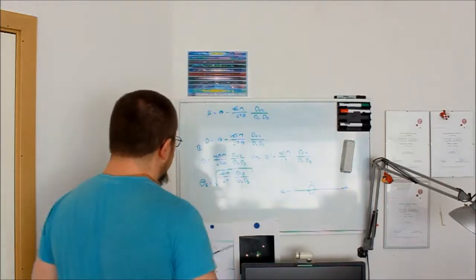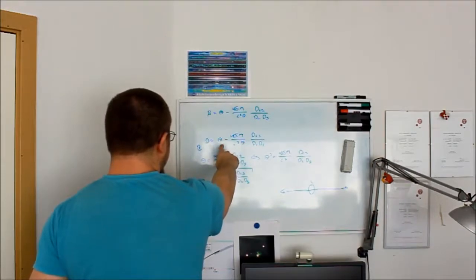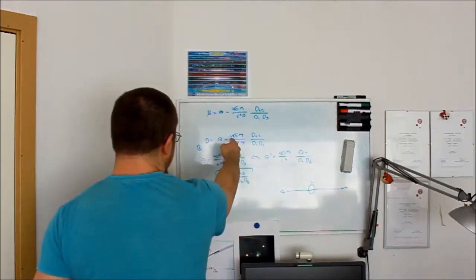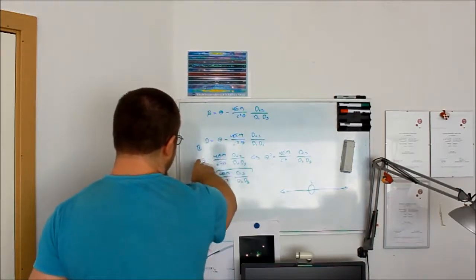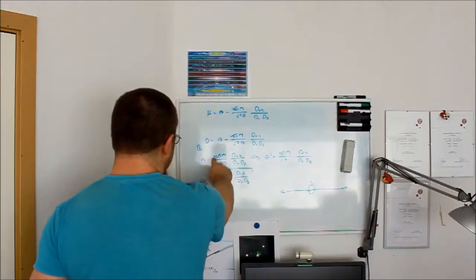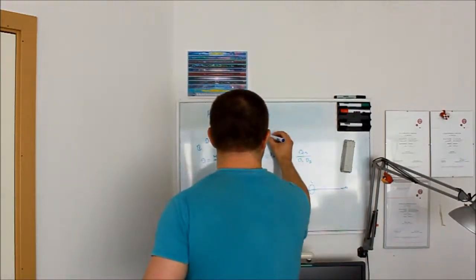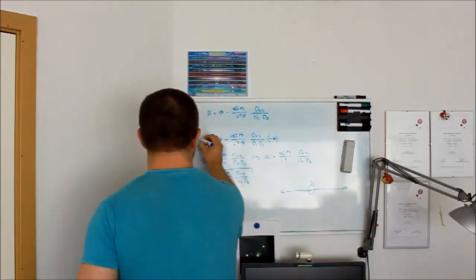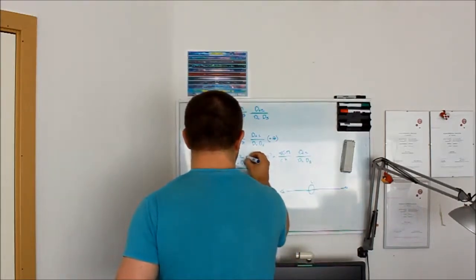Then we shuffle it a bit around. First we add theta, so theta minus theta is equal to 0. And then we do the same on the other side of the equation sign. So we get theta is equal to 4GM over c squared theta DLS over DL DS. So we add theta on both sides, and then over here we multiply by theta.